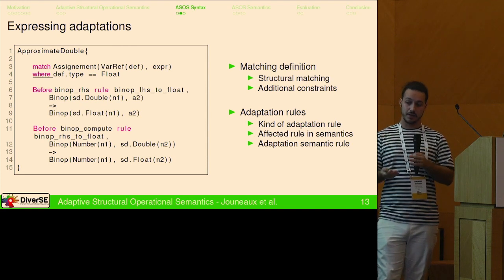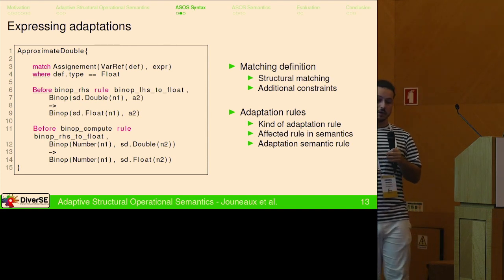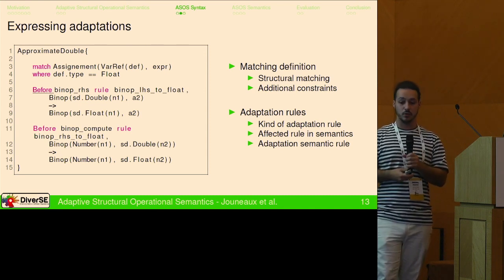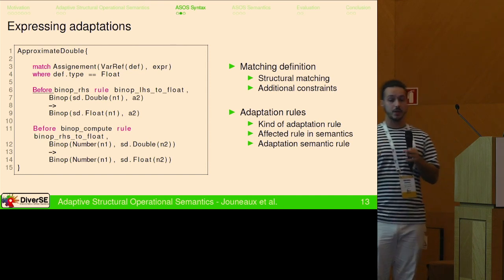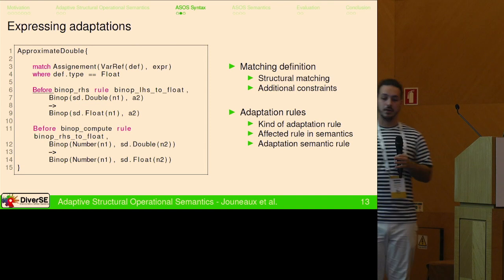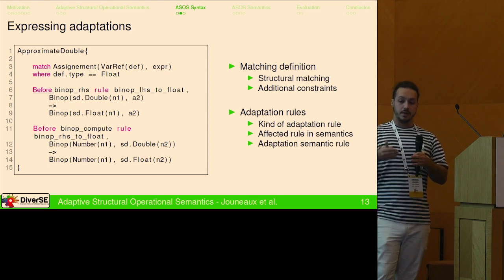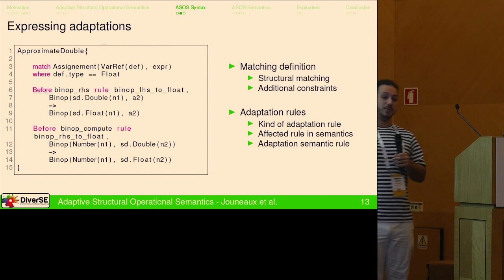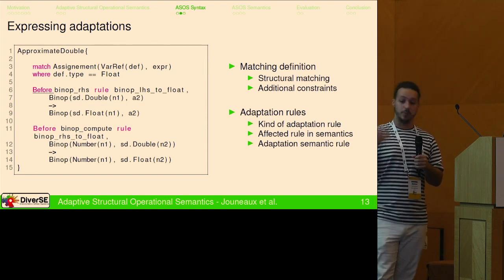After this matching definition, we can also express adaptation rules. Adaptation rules are extended semantic rules. The first thing that you specify here is the kind of adaptation. You have three kinds of adaptation: before, after, and specialized, that will weave the new rules inside the semantics before, after the specified rules, or in place of the specified rules.